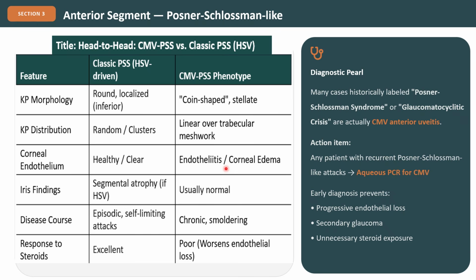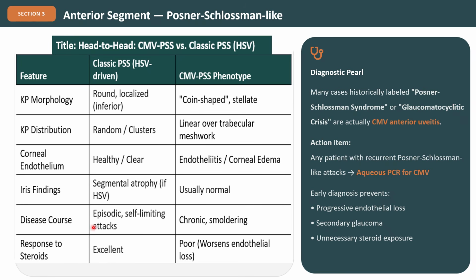That's why we have to follow the patient with endothelial microscopy, because they will have a serial drop in the cells of the endothelium if we don't treat them with antiviral treatment. Iris atrophy can be seen in the idiopathic variety, however, it is usually normal in the cytomegalovirus type.